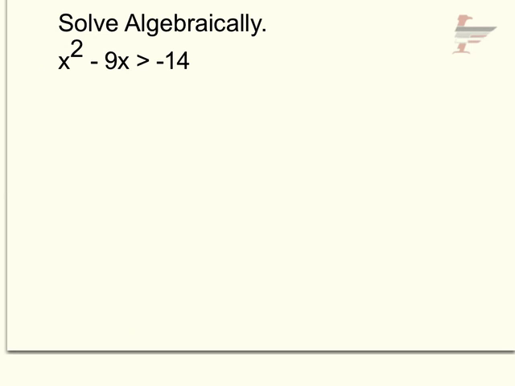Alright, this one says solve algebraically, so pause the video, see how you do. When you solve something algebraically, note that there's no y in these equations, so we really want to find out where x is larger than 0, and I guess I can start there. Of course, I'd want to get everything on one side, so I'll add the 14, and I want to know what x values are going to make this quantity larger than 0.